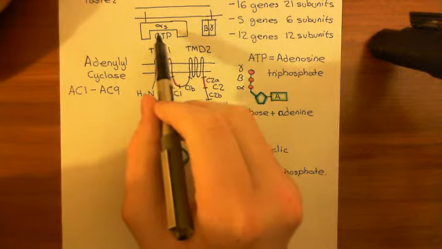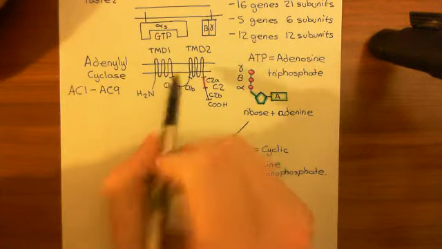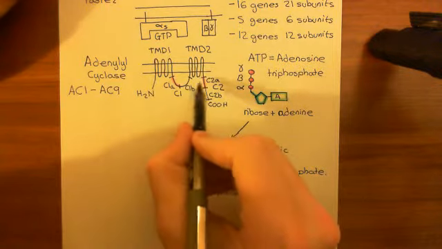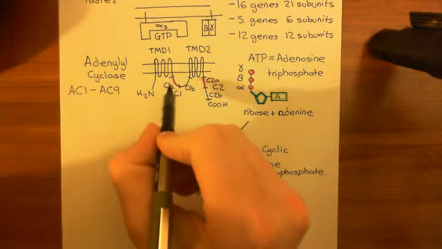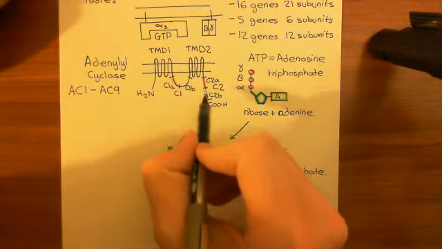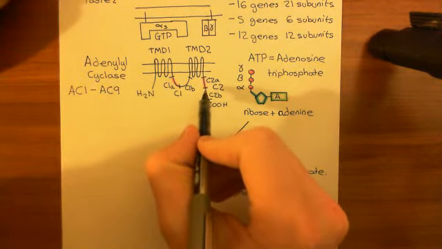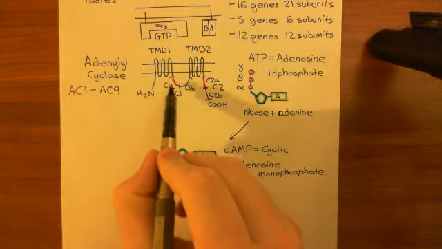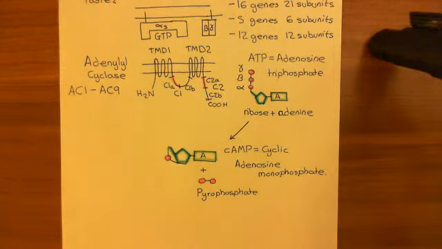So how does the alpha S GTP subunit activate the adenylyl cyclase enzymes? Well, basically, it will come over and it will bind to both the C1 domain of the adenylyl cyclase and also to the C2 domain, and by doing this it forces the two to come close together, and then the C1a will dimerize with the C2a.